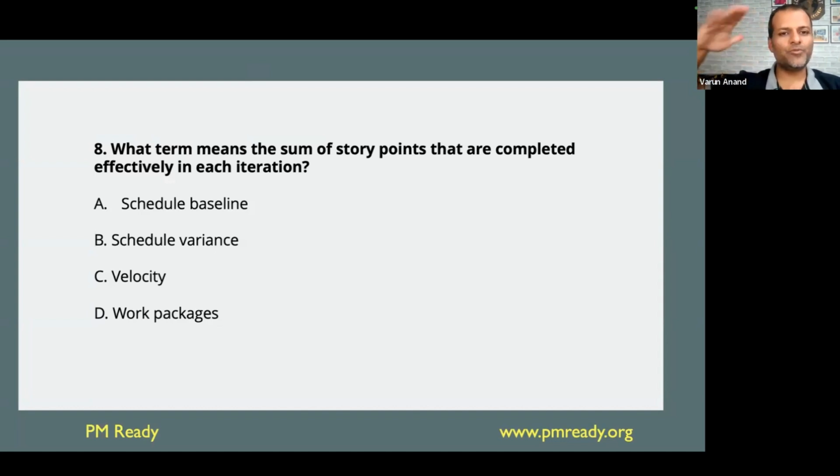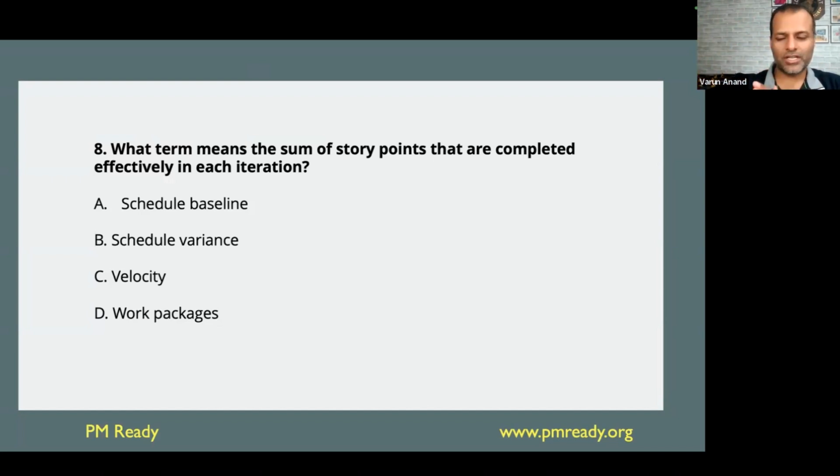A sprint is a 1 to 4 week cycle where you work on certain user stories. You develop those user stories, you show them to the customer, you get the approval from the customer, and then you move to the next set of user stories. This time frame is typically 1 to 4 weeks. You can have a 1 week sprint, a 2 week sprint, a 3 week sprint, or a 4 week sprint.